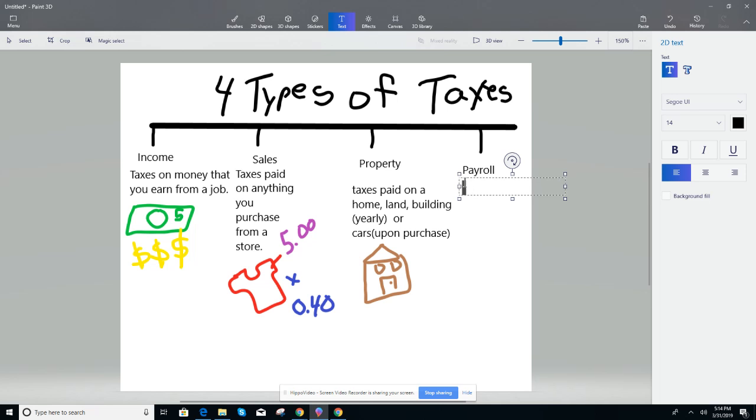So payroll tax is taxes an employer, and that means a boss, takes out of their employees' pay.